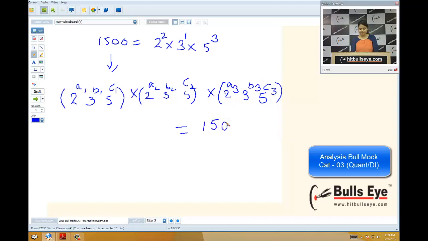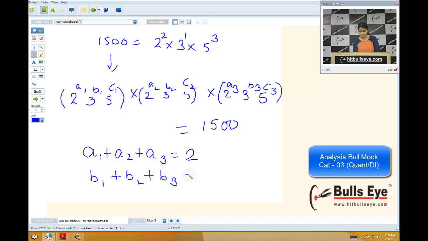So we can see that 2's total power should be 2. I mean a1 plus a2 plus a3 should be equal to 2. Similarly, b1 plus b2 plus b3 should be equal to 1, and c1 plus c2 plus c3 will be equal to 3. So we are looking for the solutions of these equations.